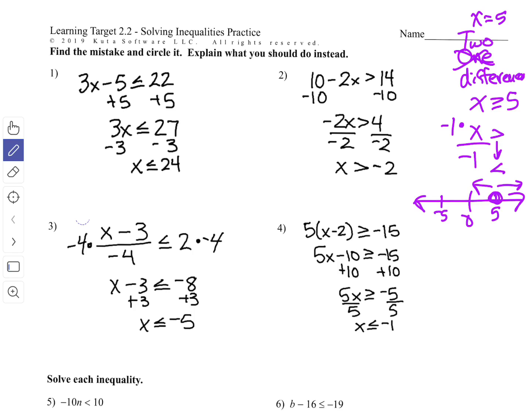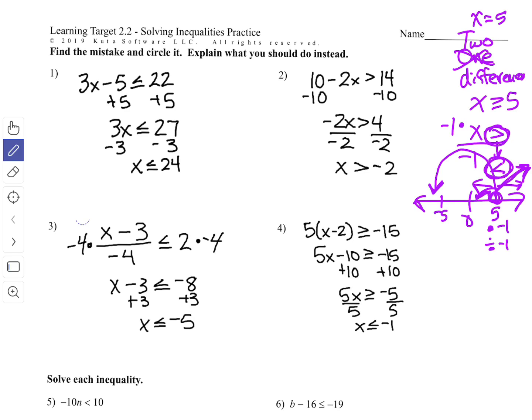However, when I multiply or divide by a number, it makes it go really high or really low, doesn't it? But if I multiply or divide by a negative number, not only does it make it go higher or lower, it also flips it clear over to the other side of the number line. And that's pretty powerful. That's a big jump. And so because of that, we have to adjust our inequality symbol.